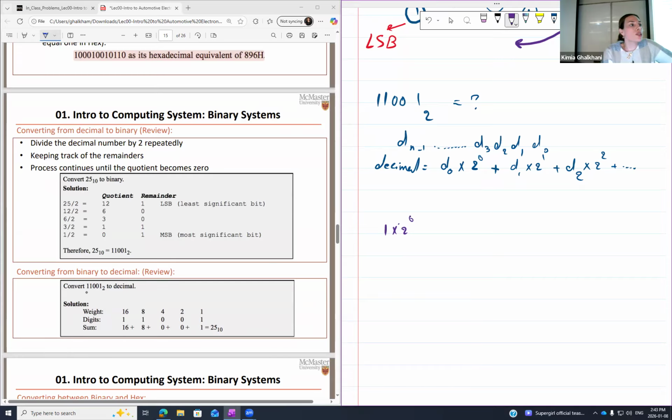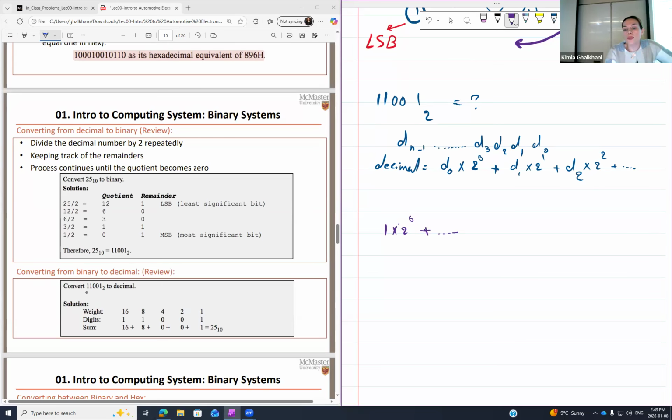How many numbers do I have in here? 1, 2, 3, 4, 5 numbers, right? I have 5 numbers. So I start from 0 and I stop at 4. And I continue like this, and then I add them up.